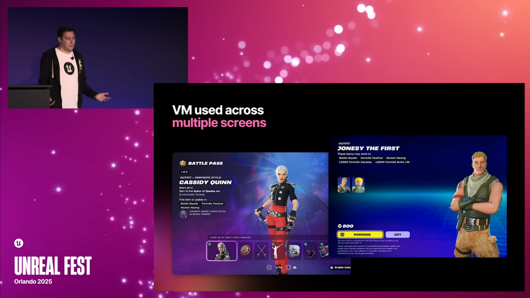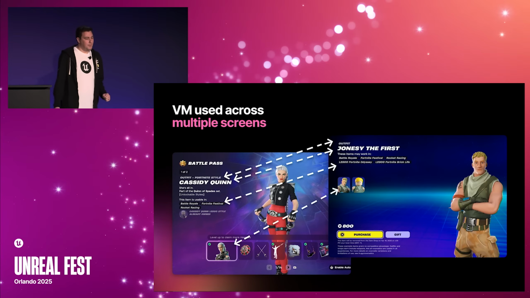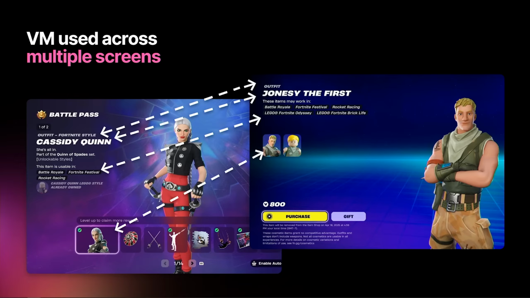It would just bloat and add complexity to the VM that we don't want or need in the item shop. So the lines here show the corresponding values being used in both screens. The item type, name, compatible game modes, and item preview icon are all part of that item VM. And while both of these items are outfits, we can use that same VM for storing information about other item types, like vehicles and emotes.